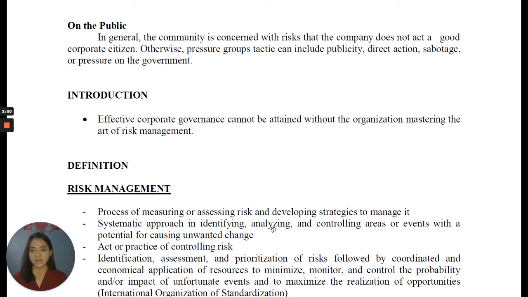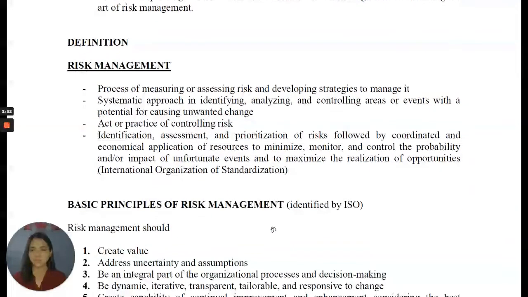So what is risk management? It is a process of measuring or assessing risk and developing strategies to manage it. It is a systematic approach in identifying, analyzing, and controlling areas or events with the potential for causing unwanted change. It is the act or practice of controlling risk.